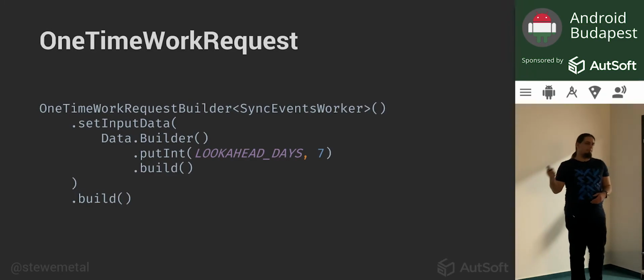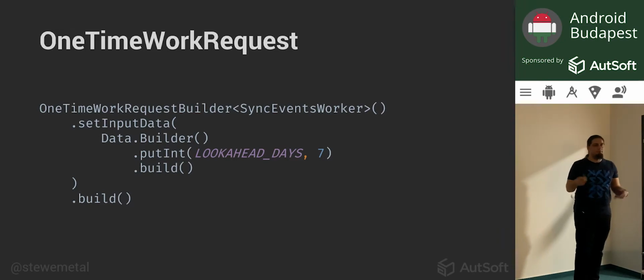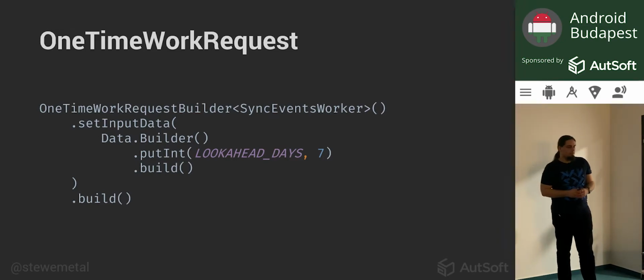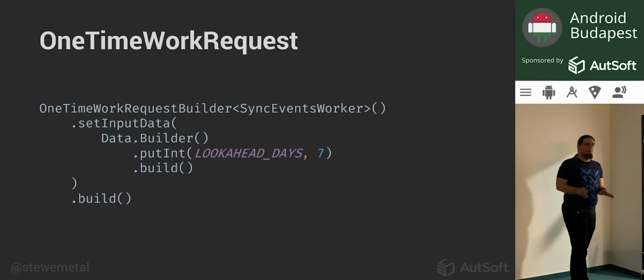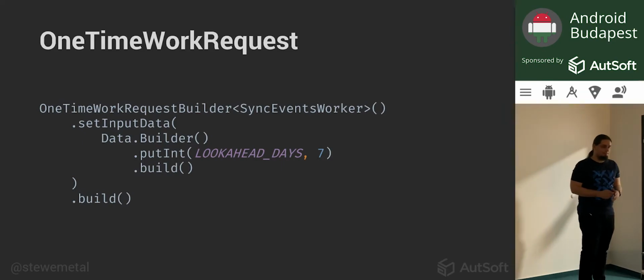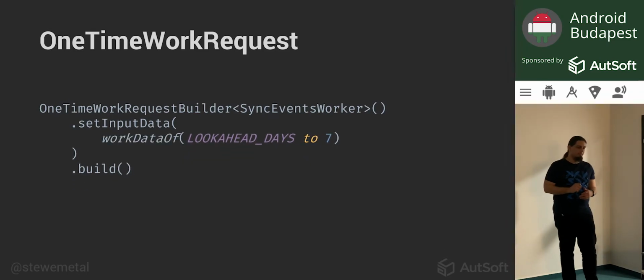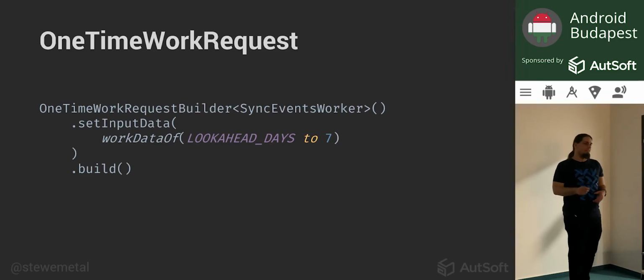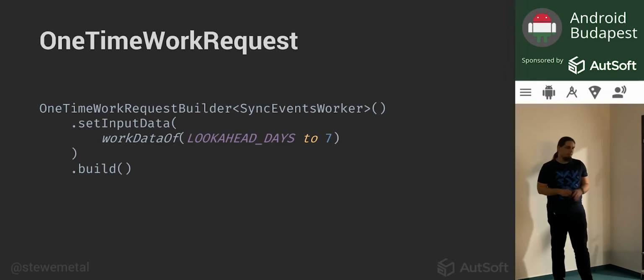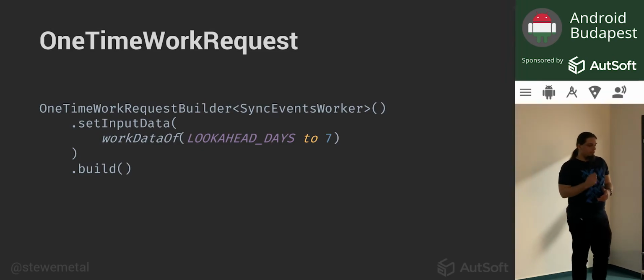We just call typed put methods on it, and then we build it. We also have a more Kotlin-y solution with the workDataOf method, where we can pass in pairs and then just get on with it.